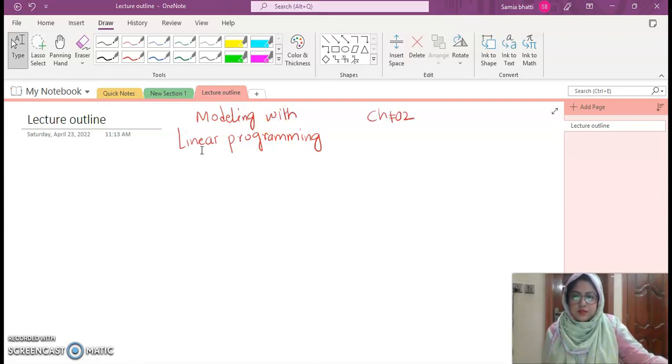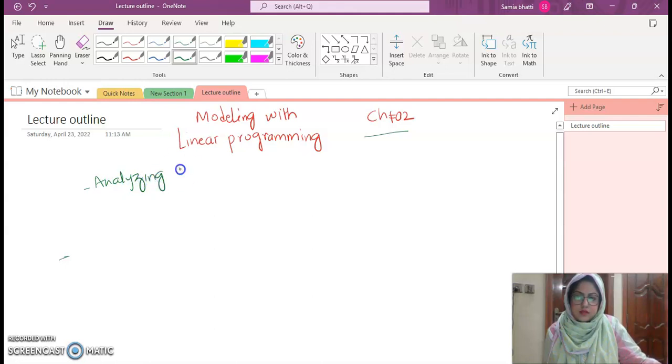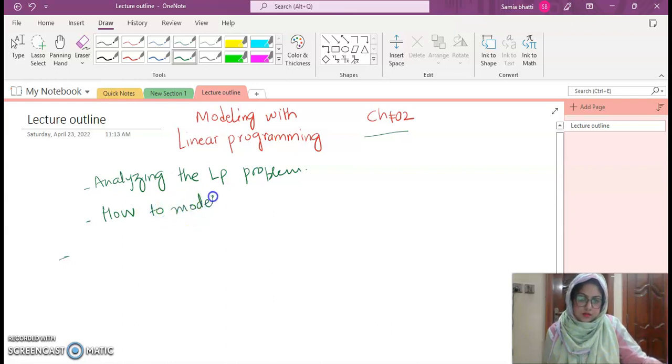So this is chapter number 2, and in this we will discuss and learn about analyzing the problem, and what else we will learn is how to model.